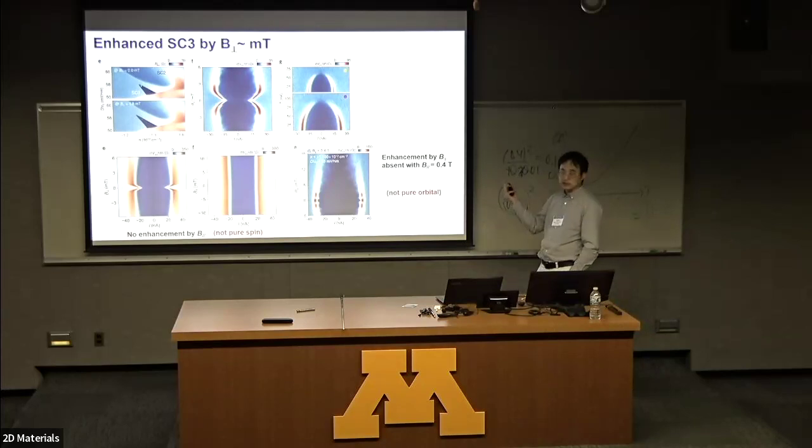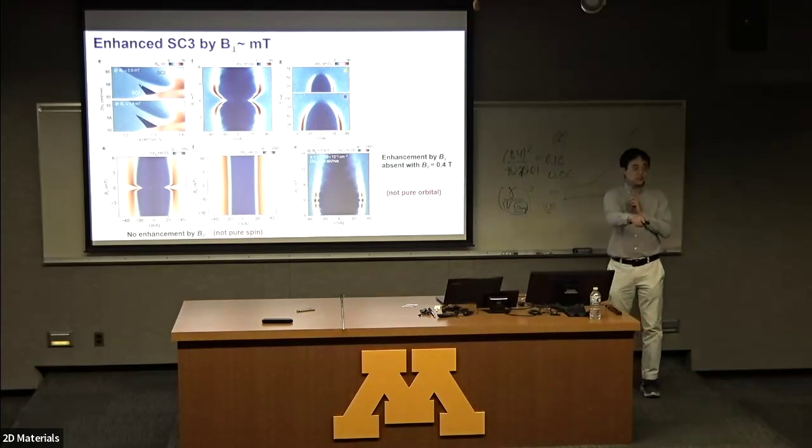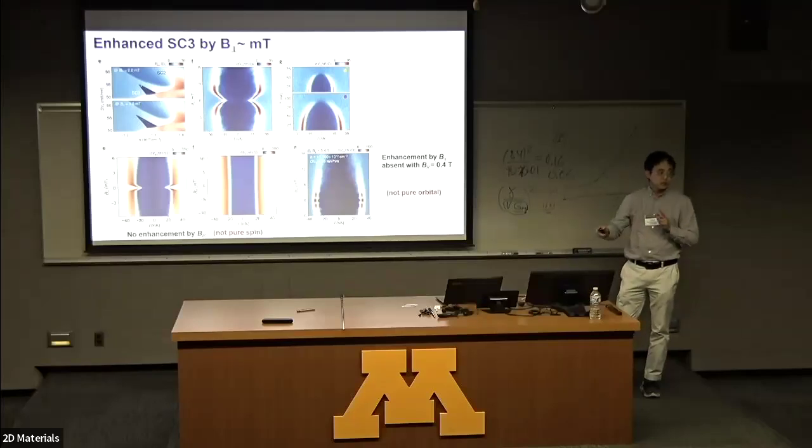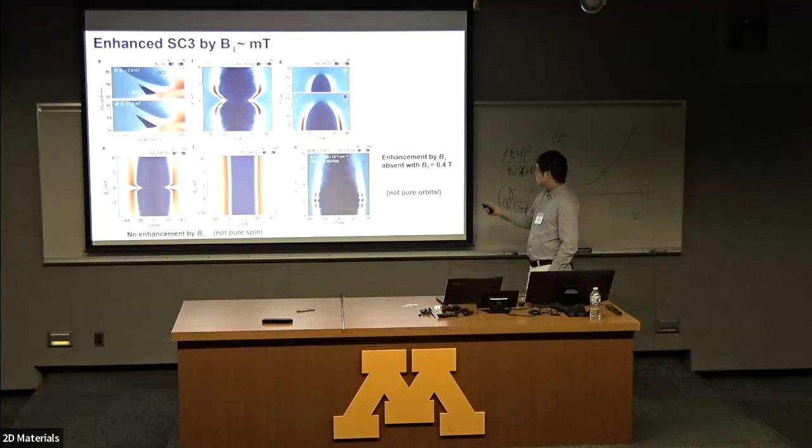And then you say, okay, how about valley? Because we're applying an out-of-plane field, it can also couple to that. Well, you can apply a similar rationale: if this is a pure orbital effect, then when you apply a big DC in-plane magnetic field, so that you fix the spin in that in-plane direction, you should expect to see the same enhancement by out-of-plane field. And that's what we did.